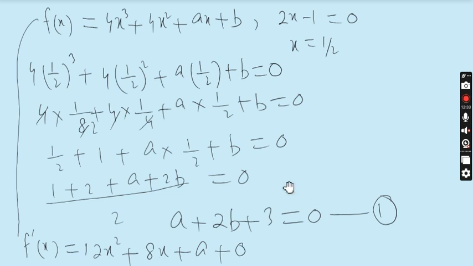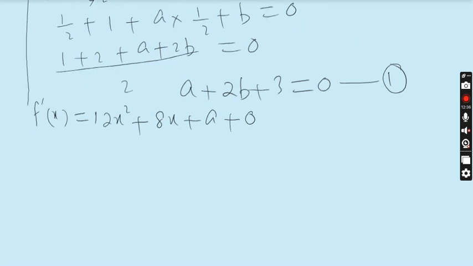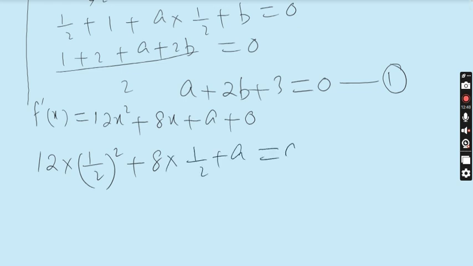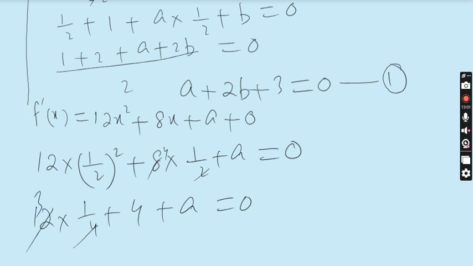The factor is the same, that is x is equal to 1 upon 2. So 12 into 1 upon 2 square, 8 into 1 upon 2 plus a, this should be equal to 0. 12 into 1 upon 4, 4 3s are 12, 4 plus 3 is 7, and 7 on the other side is minus 7. So a is minus 7.